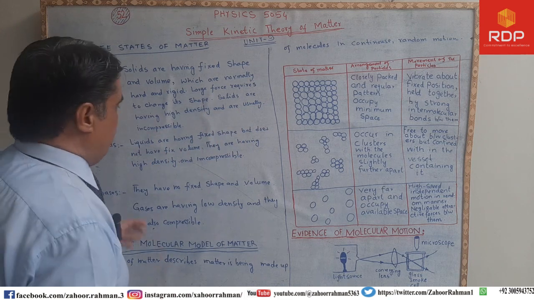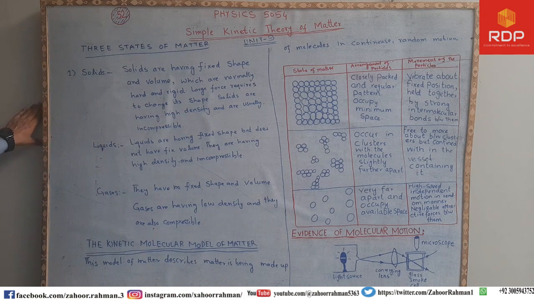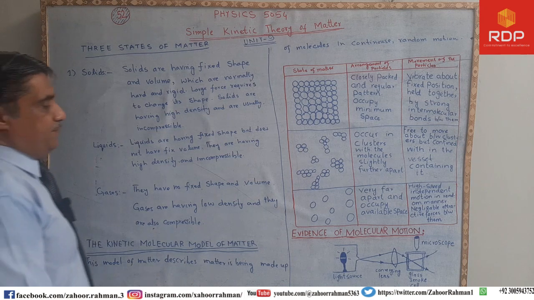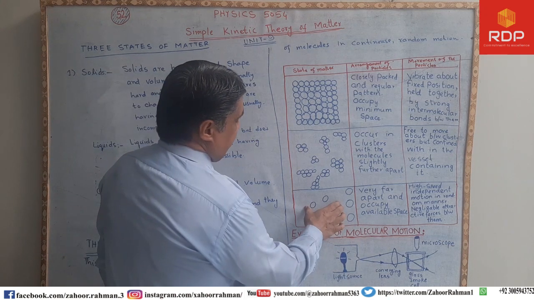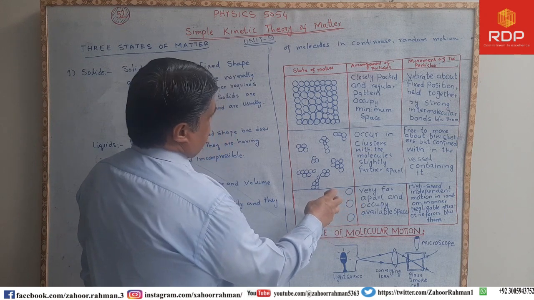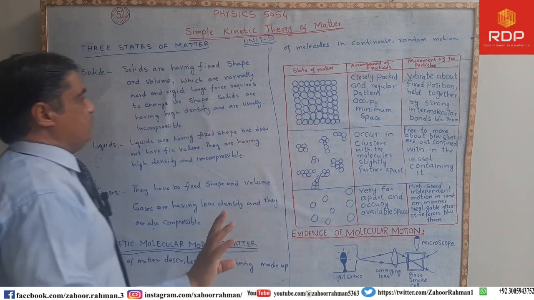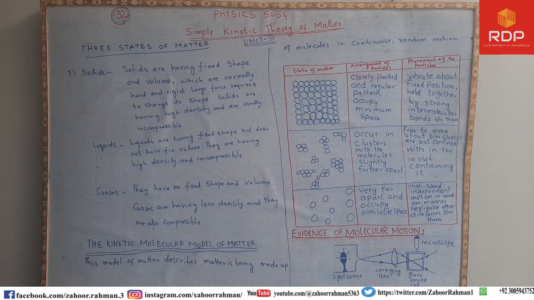There is a wall, and if I want to press this wall, it is not compressible. But if we consider a gas, it can be compressed. Solids and liquids are not compressible.